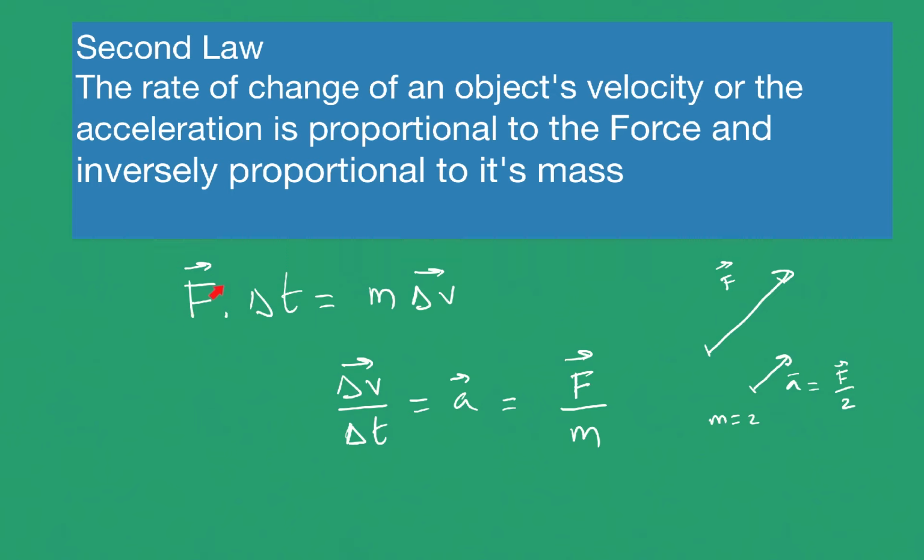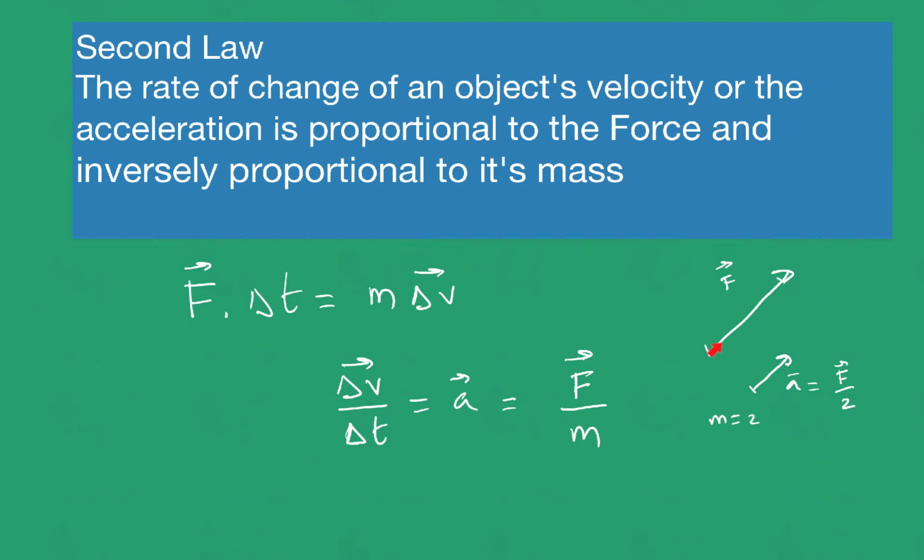So if the force is very big, the change in the vector velocity is very big. If it's a small force acting during a long interval of time, it will also produce a big change in the vector velocity, meaning a change in the direction or in the magnitude of the vector velocity.